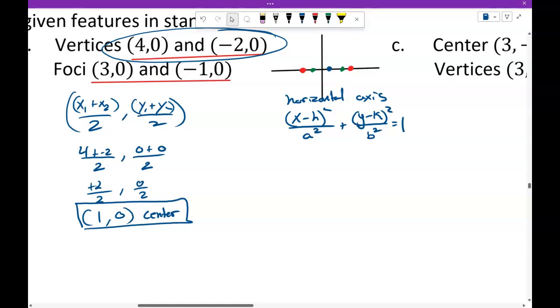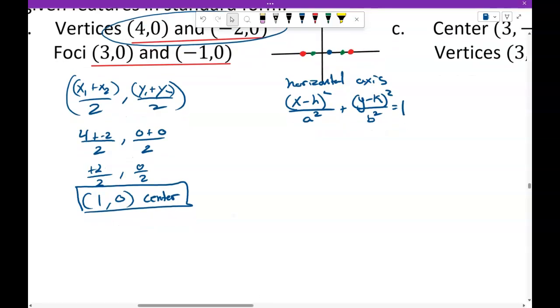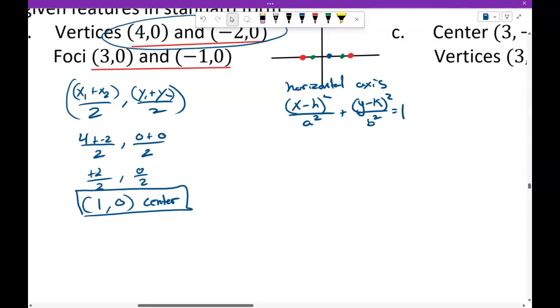Now that we have h and k, we can go ahead and find the distances to the vertices and the foci to get a and c. If our center is at (1, 0) and one of our vertices is at (4, 0), then that means that our a value is 3.